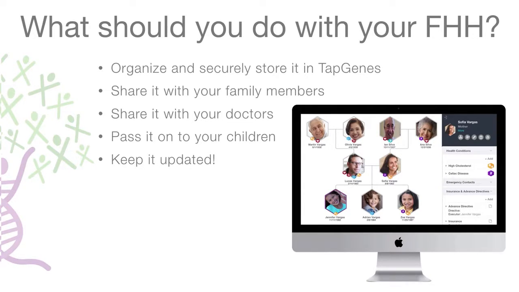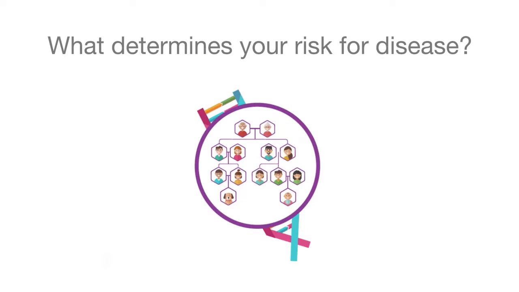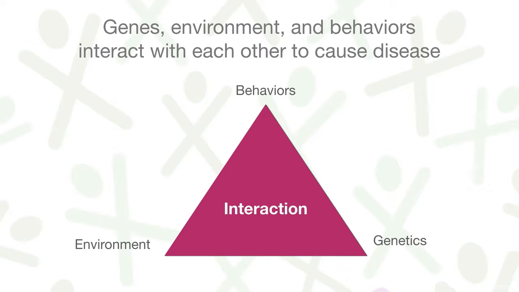And now, before we go and show you how to do that, I just wanted to talk a little bit more about why we're asking for some of this information that maybe is not directly related to a health condition. As we talked about in lesson one, there are three big factors that impact your health: the genes you have and the genes you share with your loved ones, the environment that you live in, and the behaviors that you have.